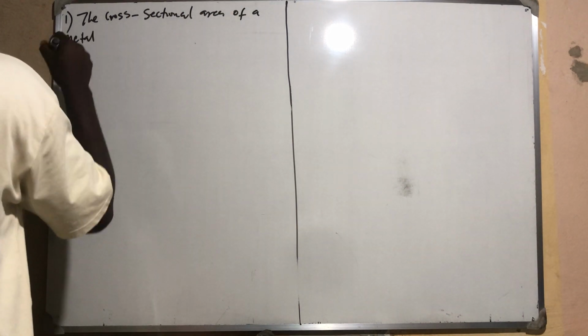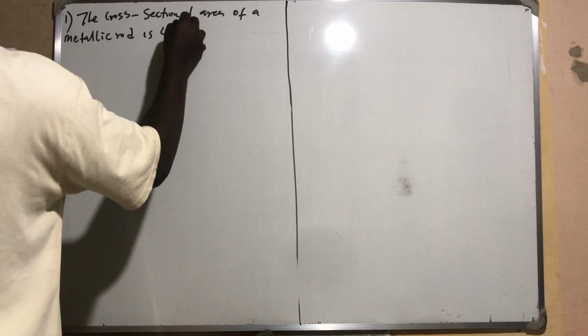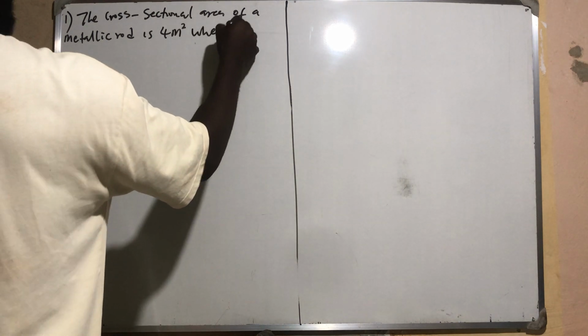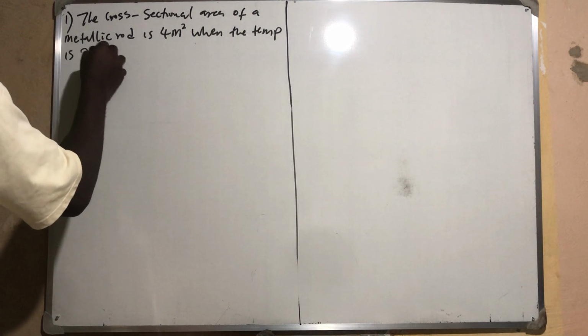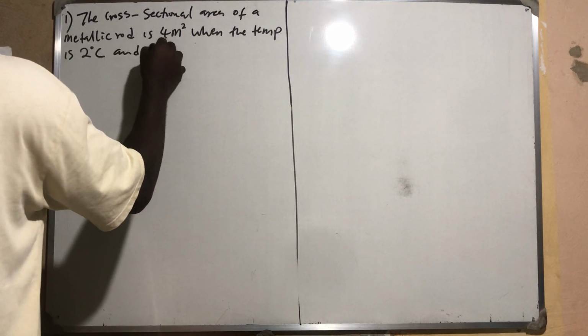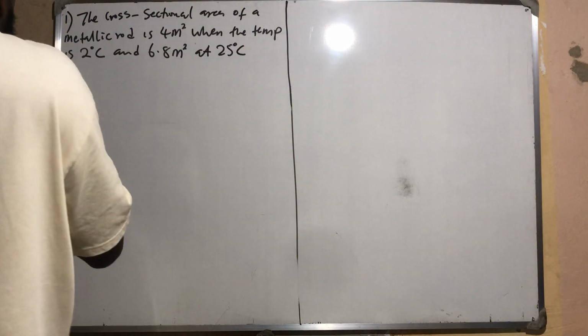The first question said the cross-sectional area of a metallic rod is 4 meters squared when the temperature is 2 degrees Celsius and 6.8 meters squared at 25 degrees Celsius.